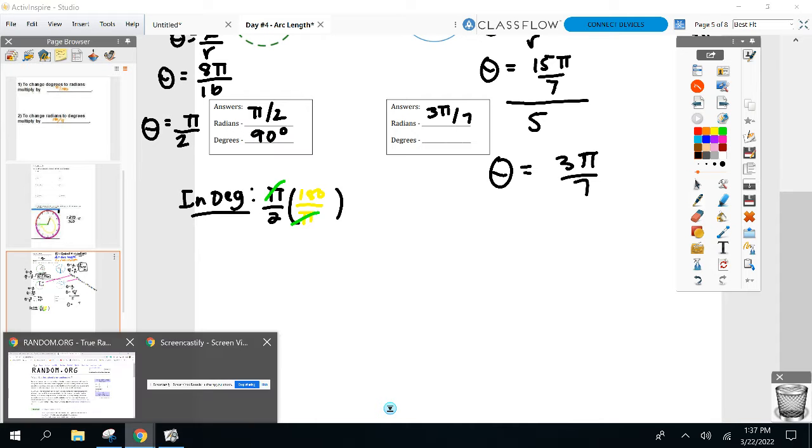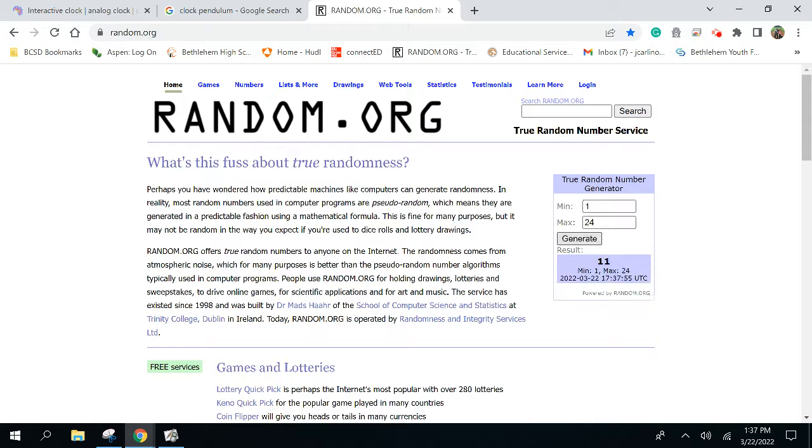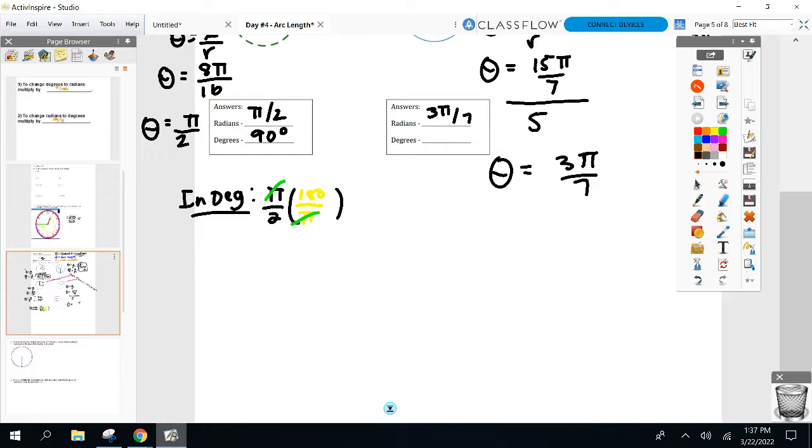Nearest tenth, what is that as a decimal? 77.1 degrees. Good work, good work.